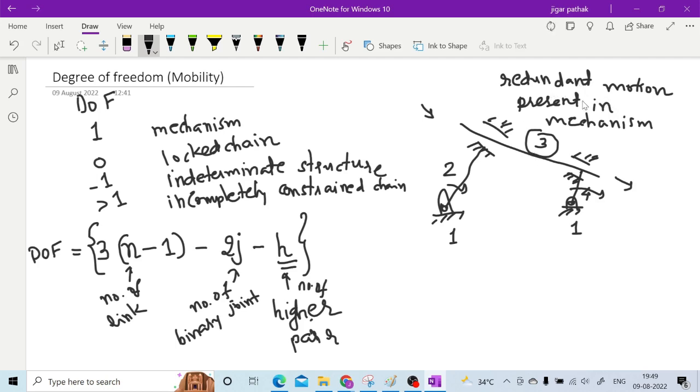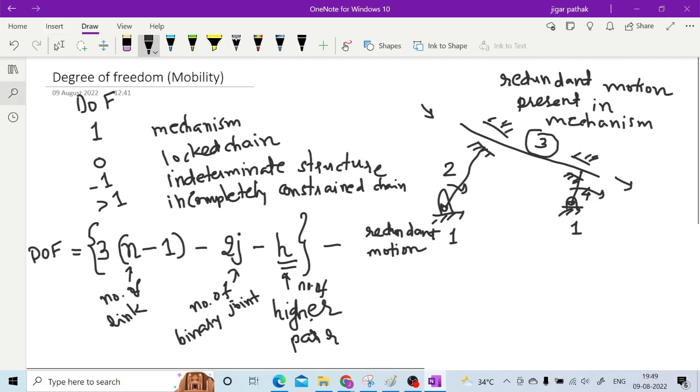So you also have to subtract this redundant motion of the mechanism when you are calculating degree of freedom, correct. So these are some of the basic things to keep in mind when you are going to solve questions on degree of freedom from previous years of GATE.